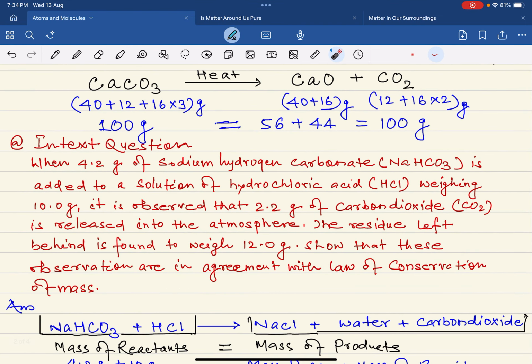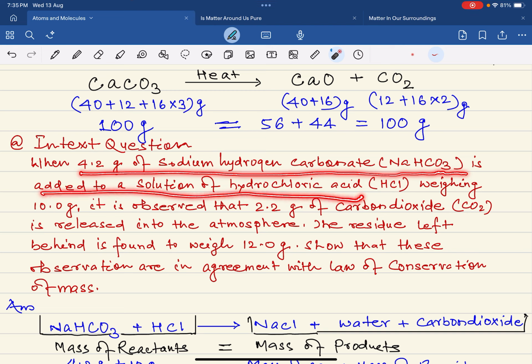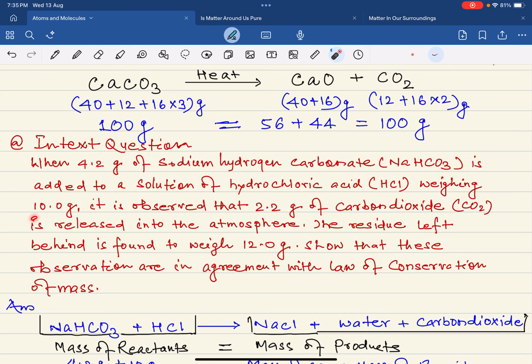On the basis of law of conservation of mass, an in-text question is given. When 4.2 gram of sodium hydrogen carbonate, that is NaHCO3, is added to a solution of hydrochloric acid weighing 10 gram, it means 4.2 gram of sodium hydrogen carbonate and 10 gram of hydrochloric acid.